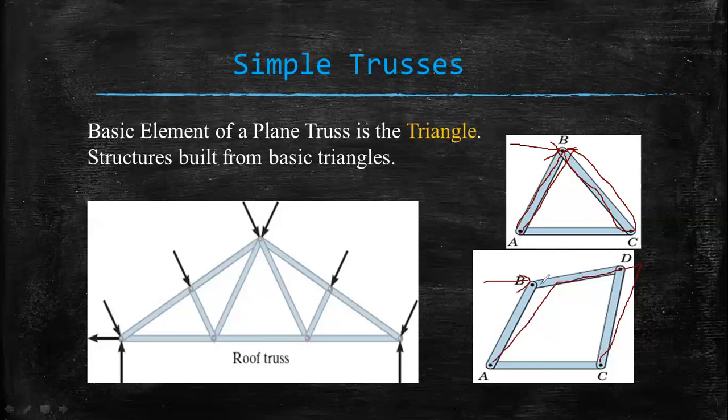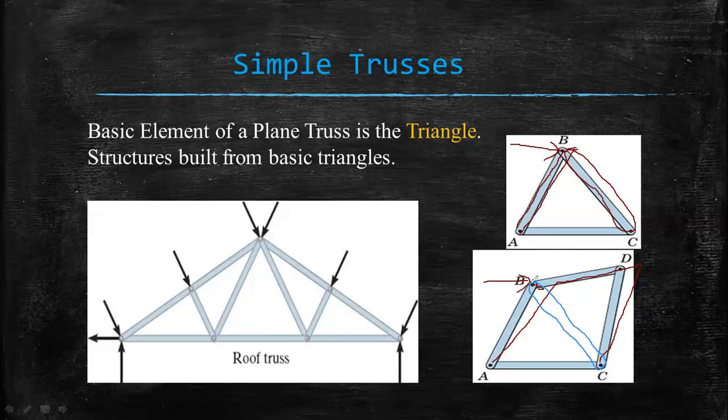But if you provide one member like this, let's take some different colors. Now, if we give one member in this direction, what will happen? Now, can you deform it easily? No, you can't, because if you try to deform it, you have to reduce the length of this particular member, and that is a very tough job.